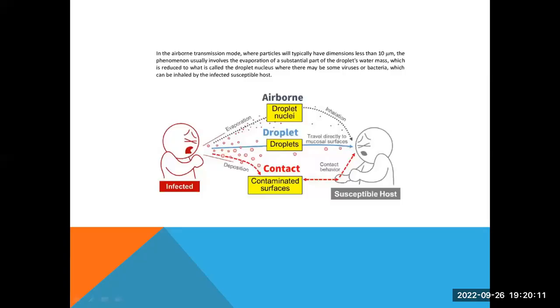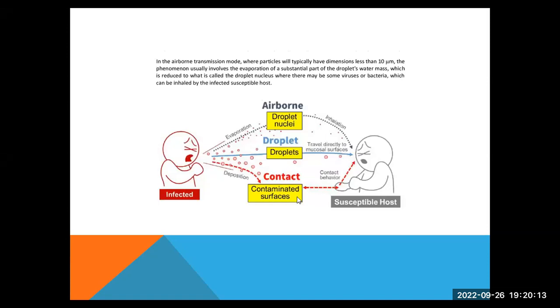Okay. So this is really one of the very elaborate diagrams regarding this point. As you can see here, we have the infected person, and then we have the susceptible host. For the airborne infection, it is sustained in the air. So we have these droplet nuclei, and then the susceptible host has to take it via inhalation.